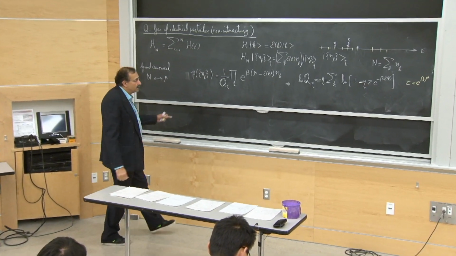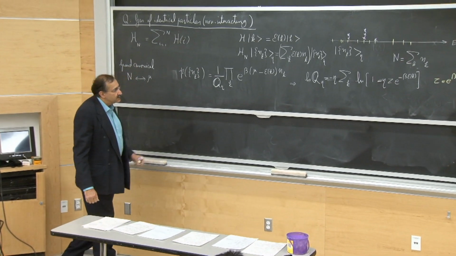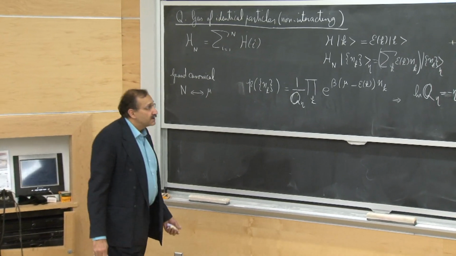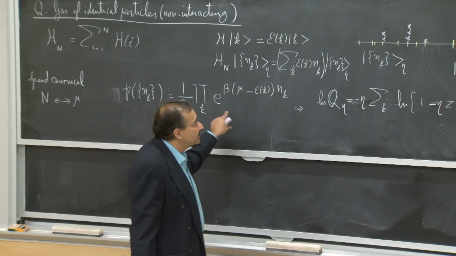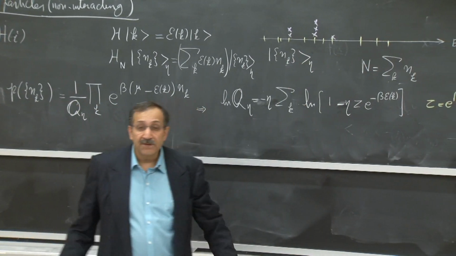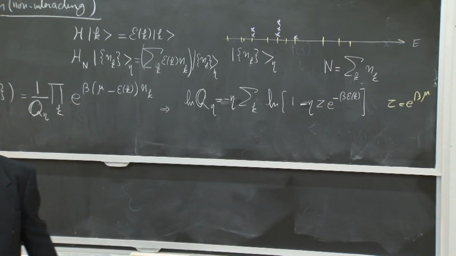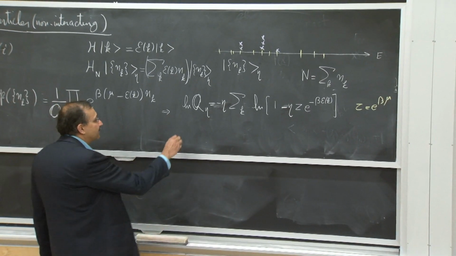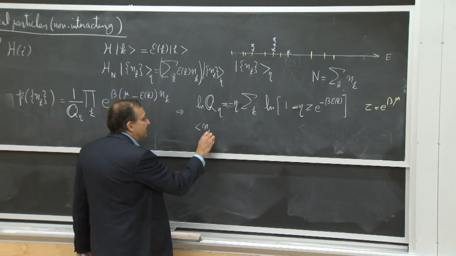Okay? So this is one thing that we will be using. The other thing is that this is the probability for this level having a certain occupation number, nk. We can always ask what is the average of nk.